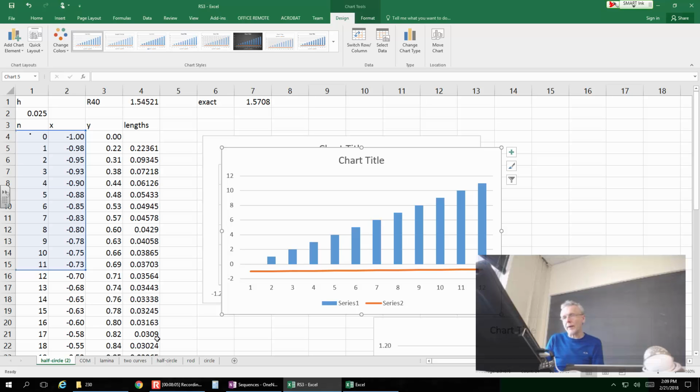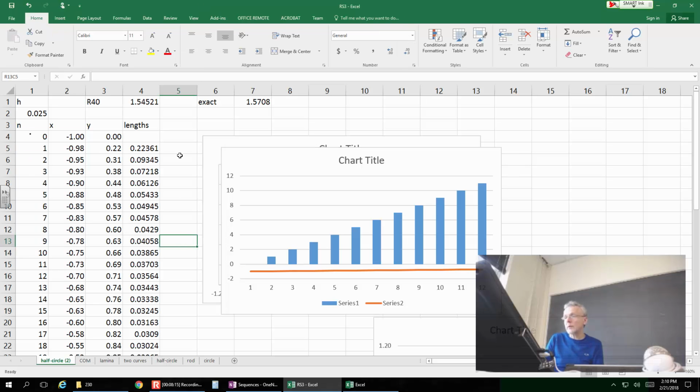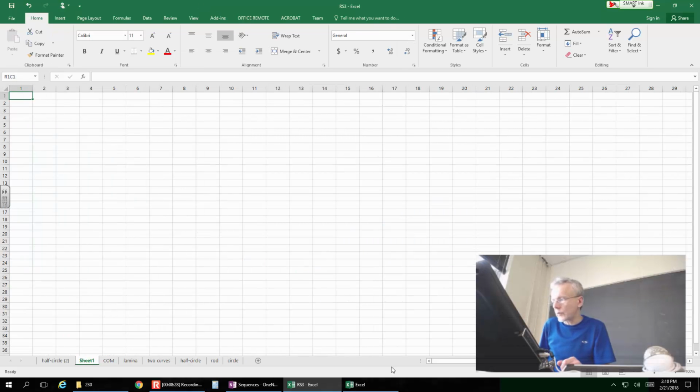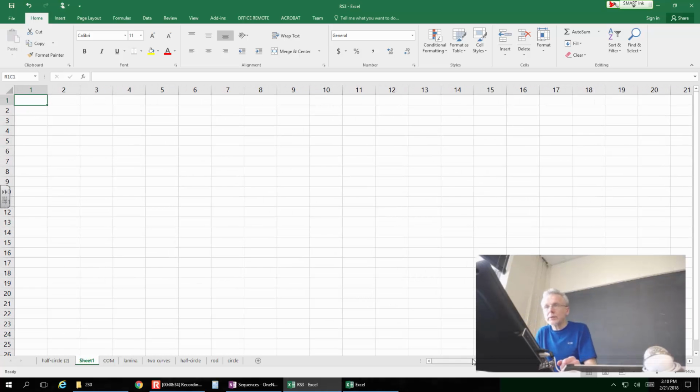One thing, however, this is not the most common way of producing sequences. Let me start over. I'll make up a picture of a sequence.